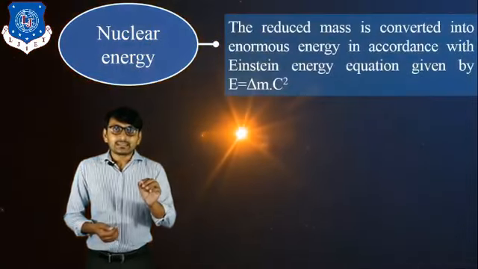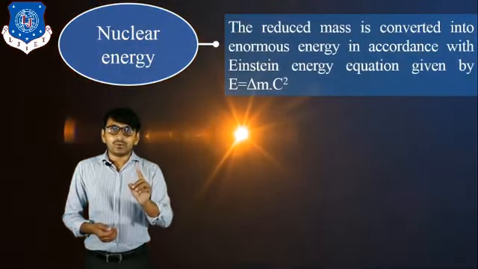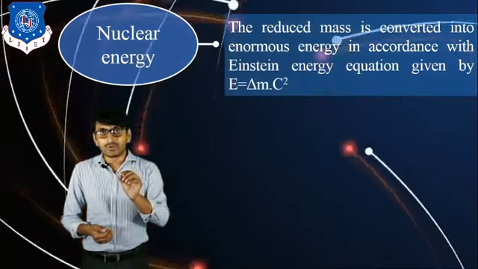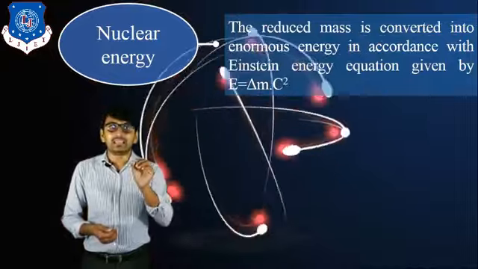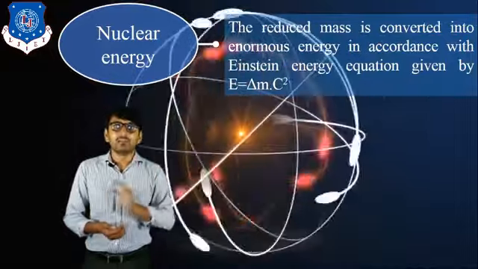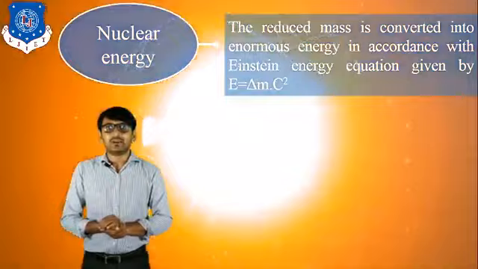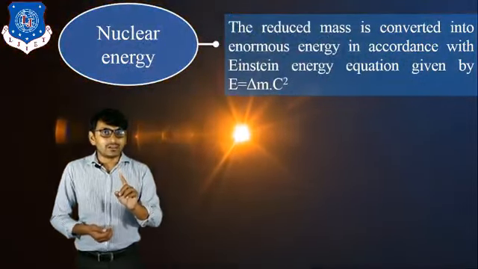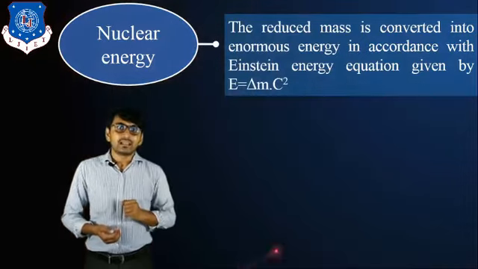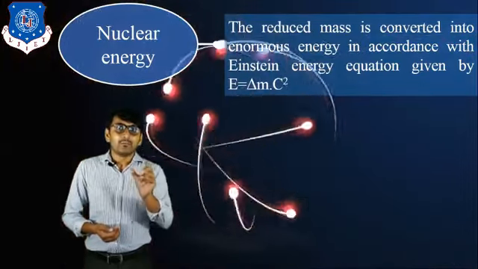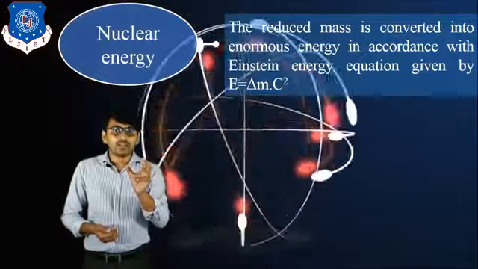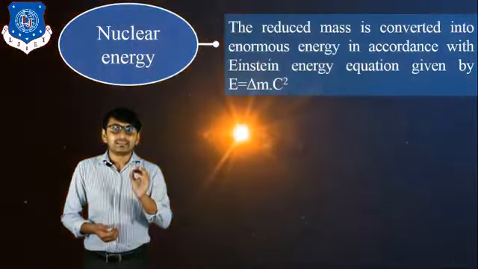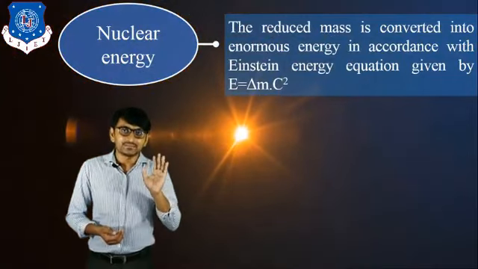The reduced mass is converted into a large amount of energy according to Einstein's energy equation, given by E is equal to delta m c square, where E is the energy produced, delta m is the mass of fuel that is consumed, and c is the velocity of light.